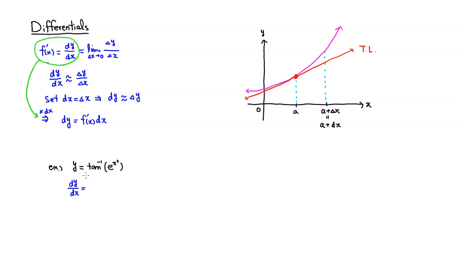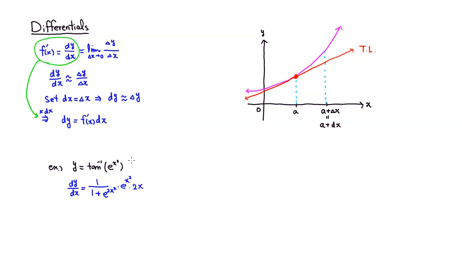The derivative of arctangent is 1 over 1 plus x squared, so you have 1 over 1 plus that guy squared, e to the x squared, squared. Then multiply by the derivative inside, which is e to the x squared, multiplied by the derivative of x squared, which is 2x.